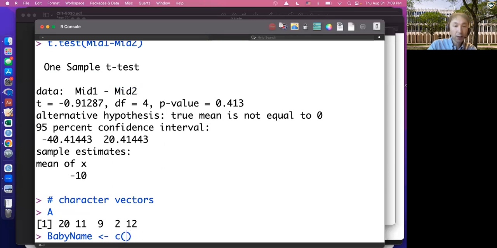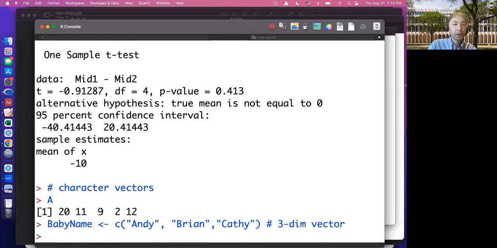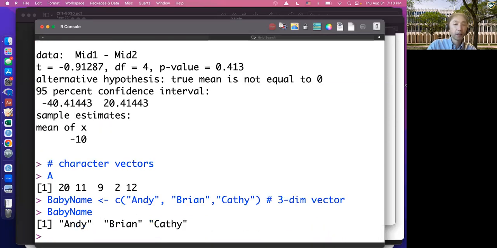In such a case, we have to put the information in quotation symbols. In this way, you can make a 3-dimensional vector of characters. So baby name is a vector with 3 elements: Andy, Brian and Casey.